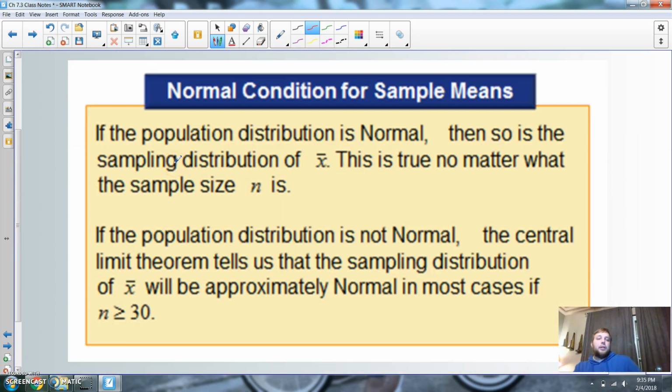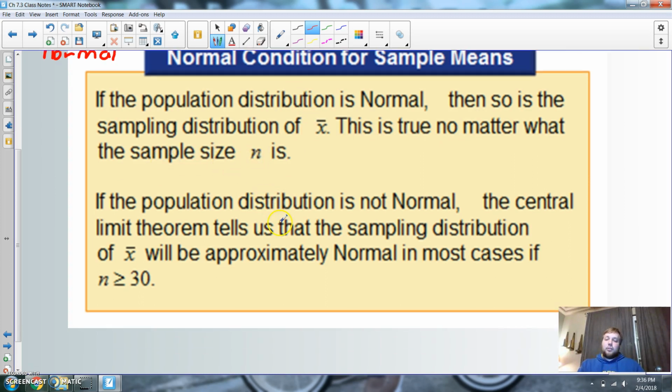So here it is officially. If the population distribution is normal, then so is the sampling distribution. Oh, by the way, if the population says it's normal, then do you need to sample 30? No. Okay. If the original thing is normal, then the sampling curve will be normal. Doesn't matter no matter what the sample size.